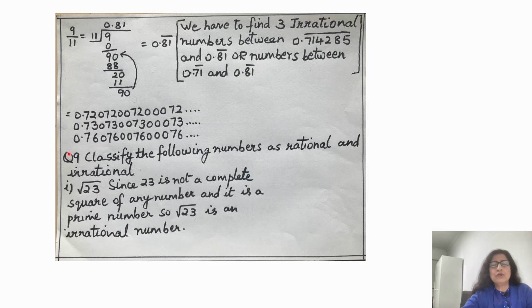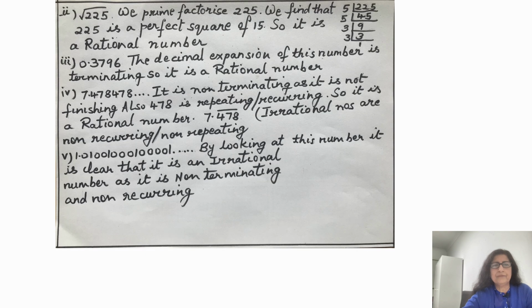We move on to question number 9. Classify the following numbers as rational and irrational. The first part is under root 23. Since 23 is not a complete square of any number and it is a prime number, so under root 23 is an irrational number.